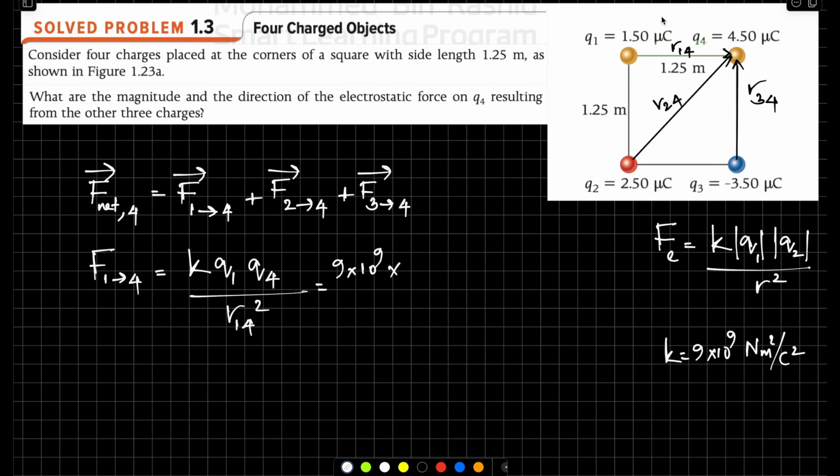Micro, you have to convert it: micro is 10 to the power of minus 6 coulombs. So 1.5 times 10 to the power of minus 6 coulombs times Q4, which is 4.5 times 10 to the power of minus 6, divided by the distance between them. It's a square, so all the sides are equal, 1.25 meters.